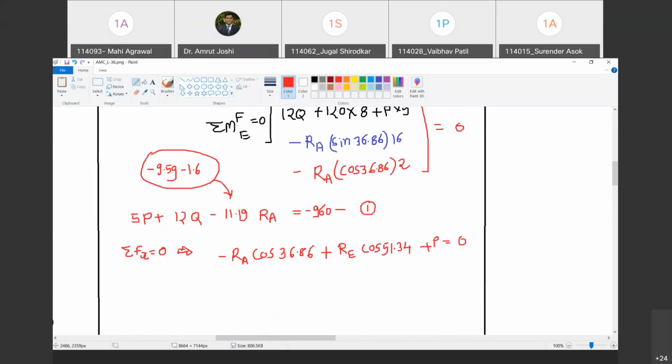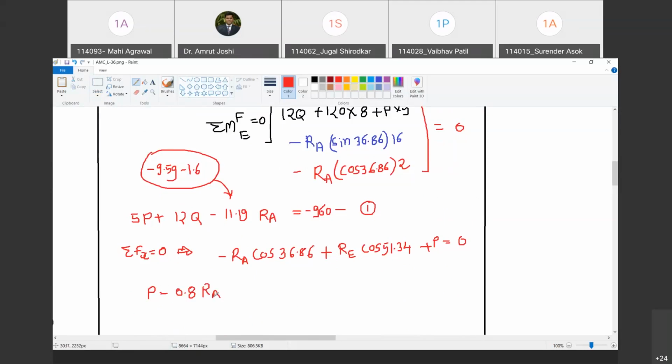Yes, sir. And now let us arrange it in the sequence. So I will first take P. Then we don't have any term for Q here. So then we will take RA. So what is the value of cos 36.86? Tell me. So 0.8. So P minus 0.8 times RA.